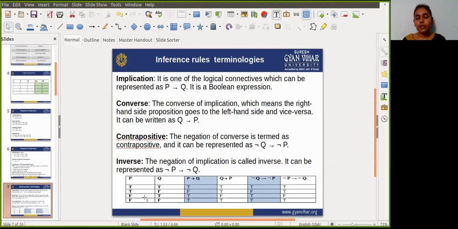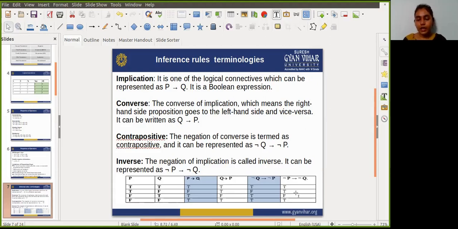So the if condition is true but the then condition is false. In that case, obviously the result is false. Now in the next row, if we apply negation on p and on q, we get true, true for the fourth condition. If both are true, obviously the result will be true.